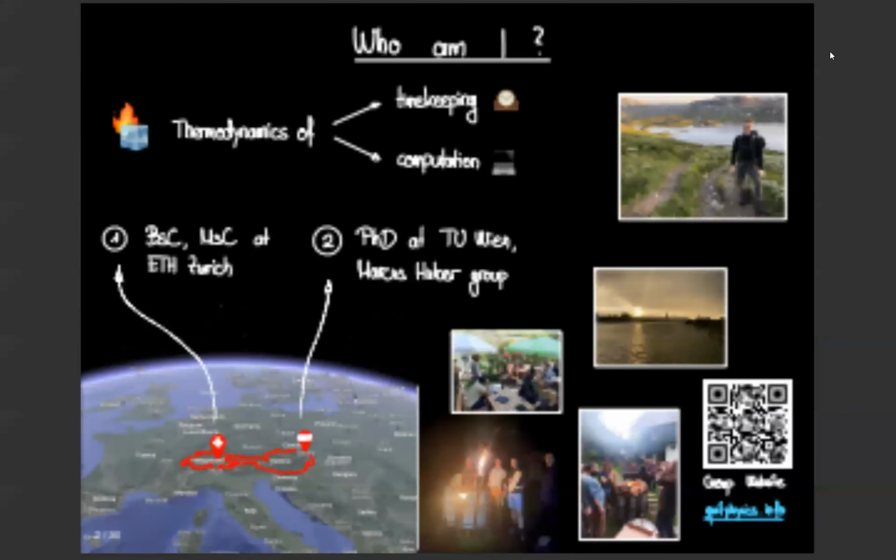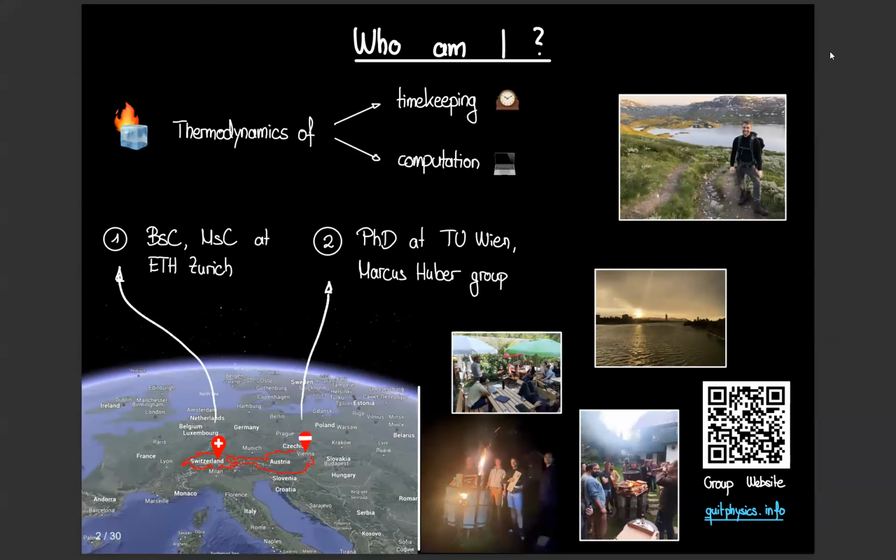And before I get started, I quickly introduce myself. The topic I'm mostly working on is the thermodynamics of timekeeping, which I'm very glad to have seen this week, especially also in the poster session and the talk before, that more and more people start to care about how much it costs thermodynamically to run some timekeeping device.